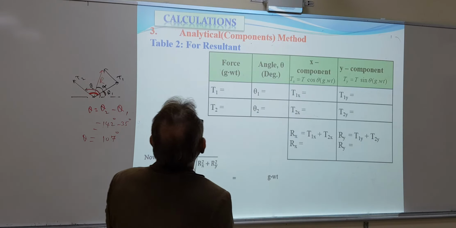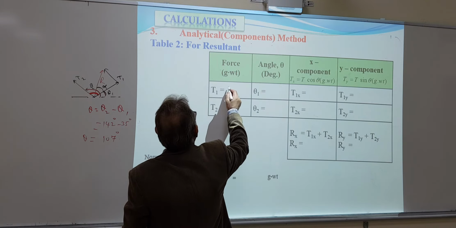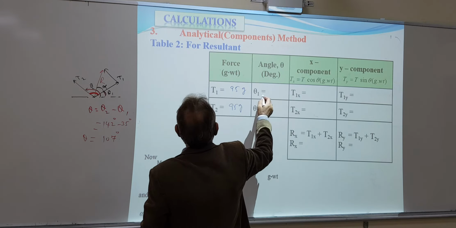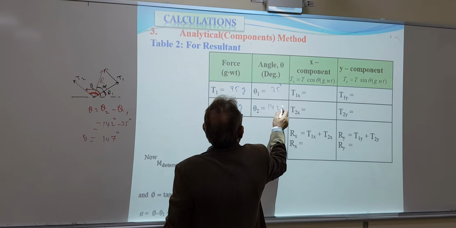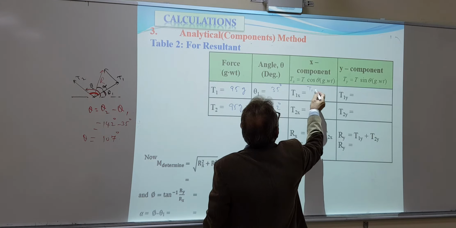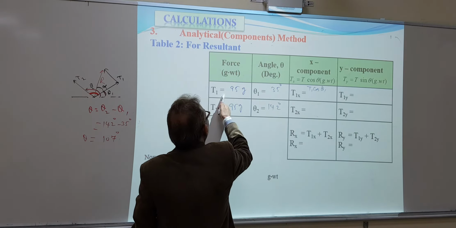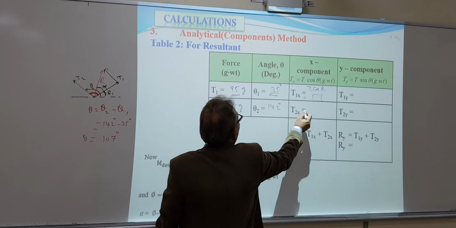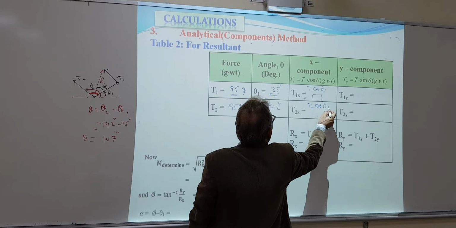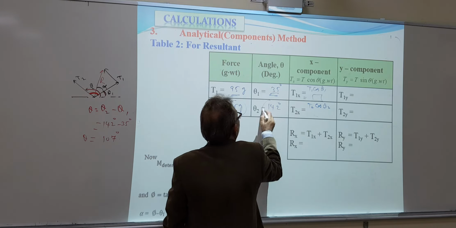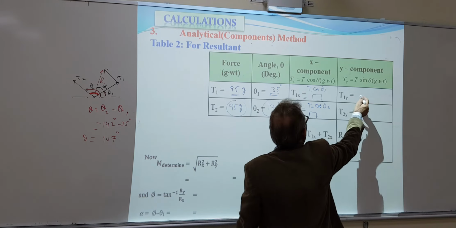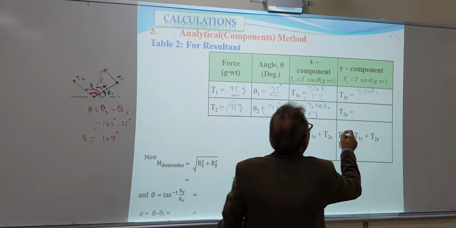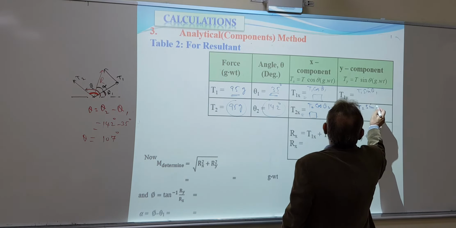Then the third method, as I told you, you will be using the same data. For example, you have from the first one 95 grams, theta 1 is 35, and theta 2 is 142. Now this is the rule: T1 cosine theta 1. You have T1, you have theta 1, you will find out. Similarly, T2 cosine theta 2. Similarly, you calculate T1 sine theta 1 and T2 sine theta 2.